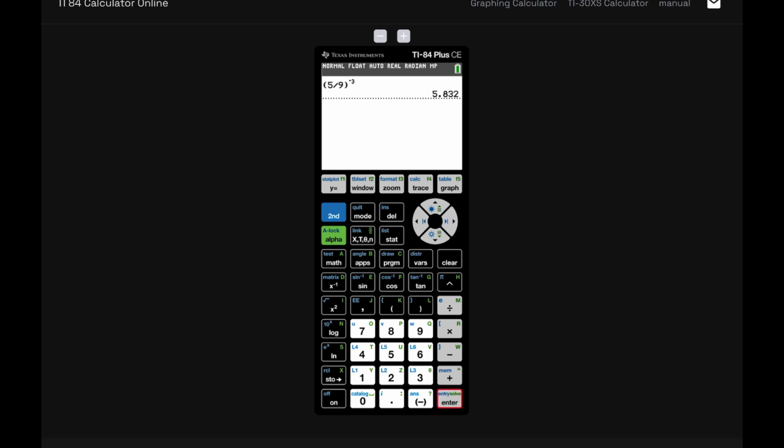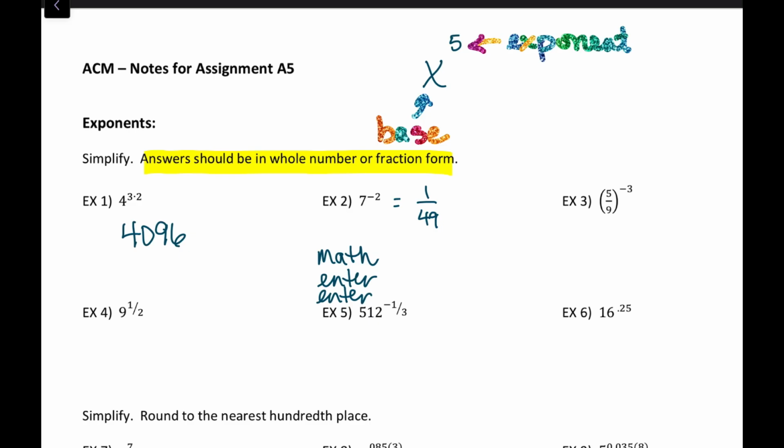And again, it's given us a decimal and we want a fraction, so we'll math, enter, enter, and we get the fraction answer. So this one is 729 over 125. And again, we used math enter so that we could turn the decimal from the calculator into a fraction.